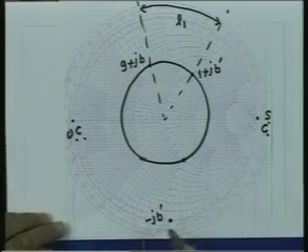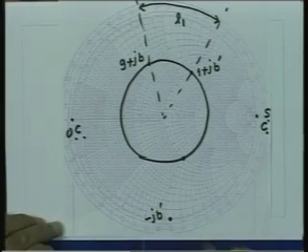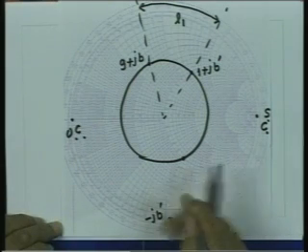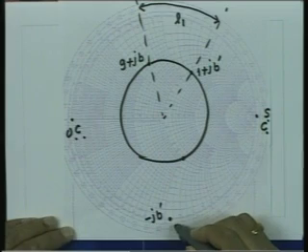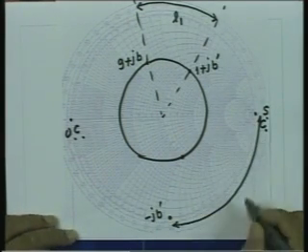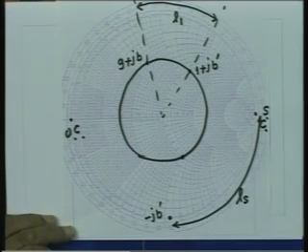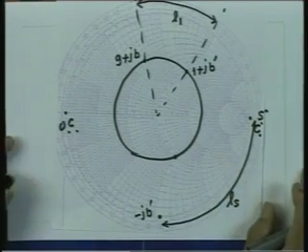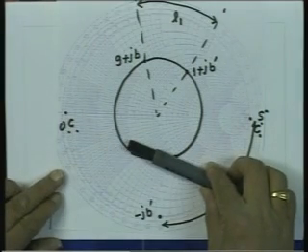So, to realize this reactance, I move from this point away from the generator till I reach the short circuit point. That gives me the length of the stub which is to be connected in parallel. So, this length from here to here is nothing but the length Ls, which is the length of the stub. So, you see, finding the length of the stub and the location, if you use the Smith chart, is extremely simple.